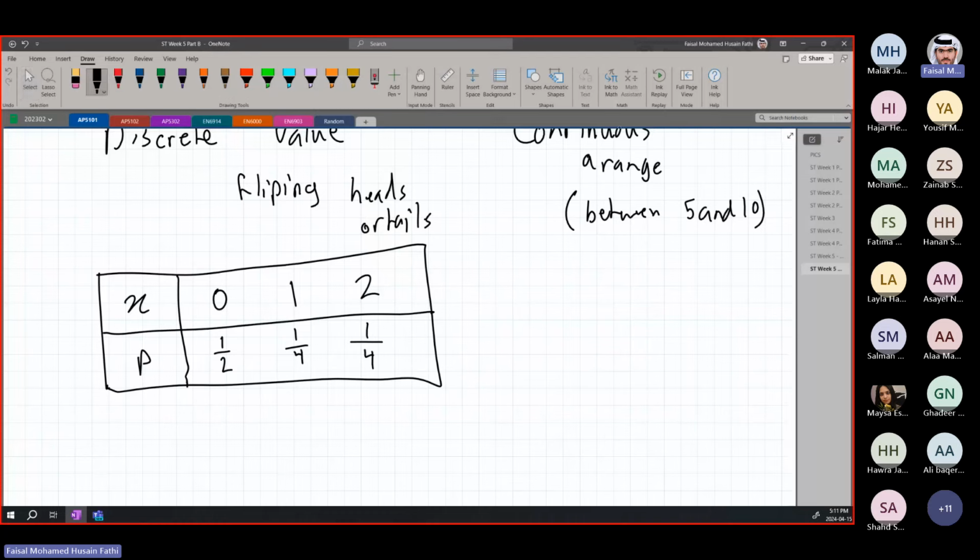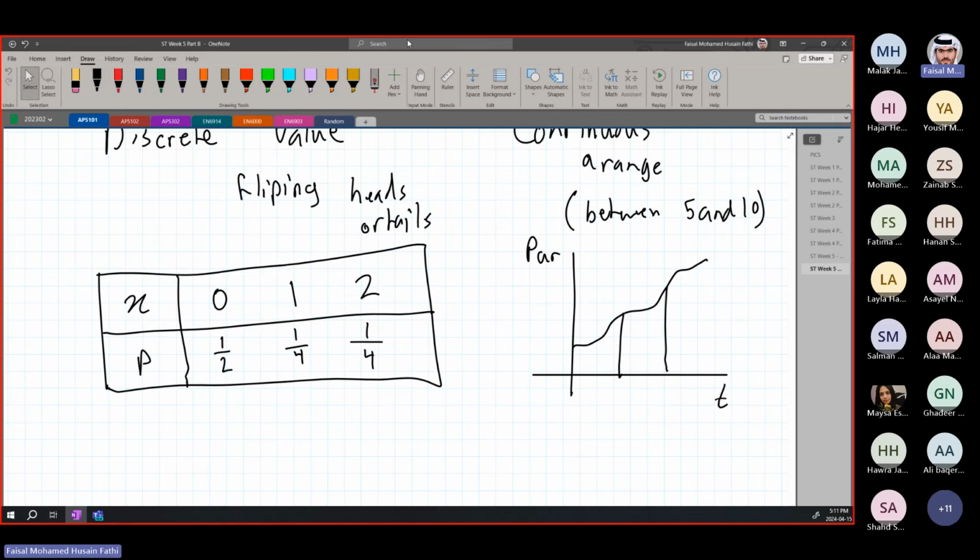For continuous, it is going to be in a graph. Most of the time, it will be in the form of a graph. So you will be having this type of graph, whatever type of graph, and for example, let's say this is the available parking, and time of day, for Bahrain Polytechnic.